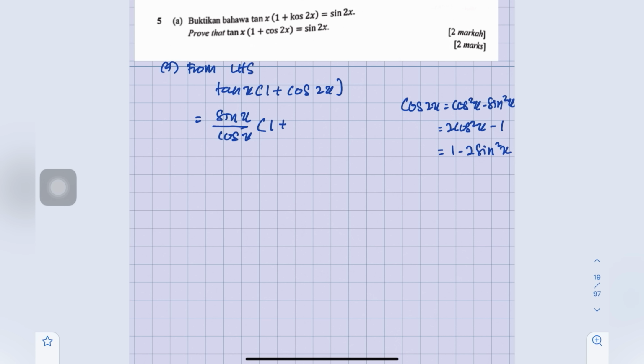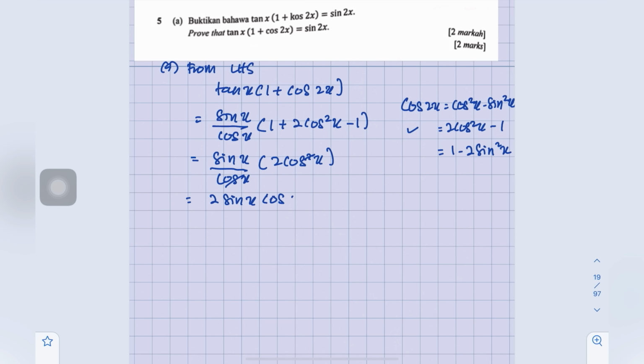To choose which one, normally we choose the one where we can eliminate something, so the second one: 2cos² x minus 1. So 1 minus 1 can cancel out. This becomes sin x over cos x times 2cos² x, which we can simplify. Here we get 2 sin x cos x, and 2 sin x cos x is sin 2x. Same as the right hand side, then proven.